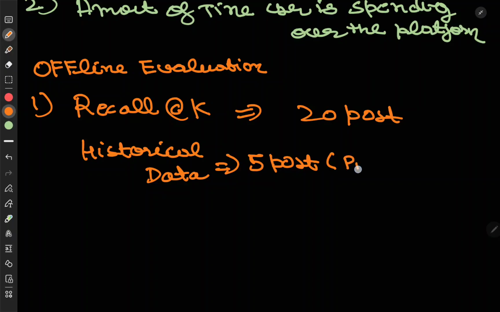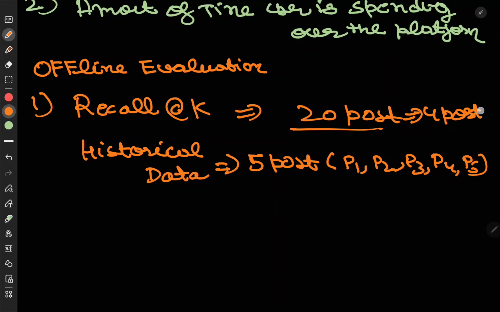Let's call them P1, P2, P3, P4, P5, and out of these 20 posts, let's say the 4 posts that were shown were P2, P3, P4 and P5, and let's say there are other posts like P750, P860, something like that.